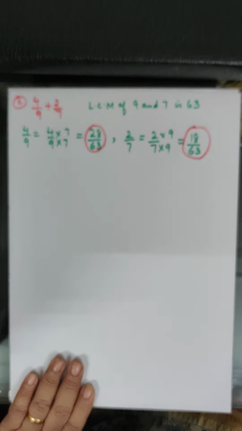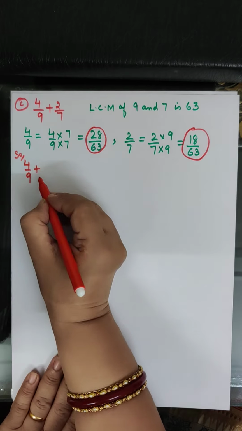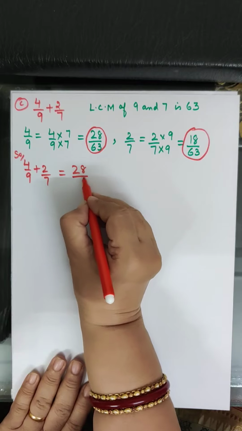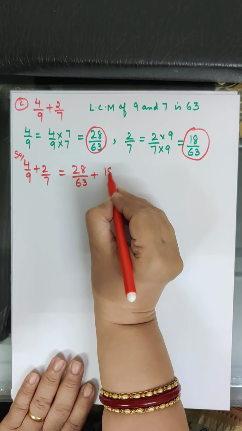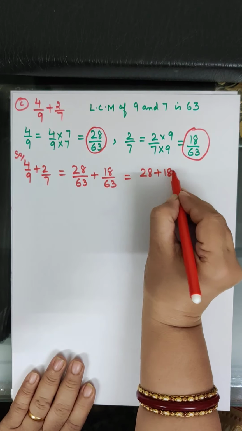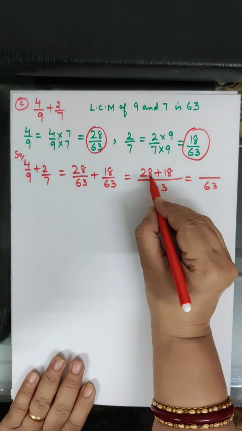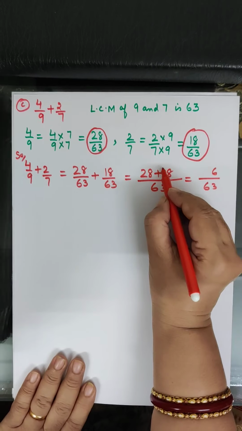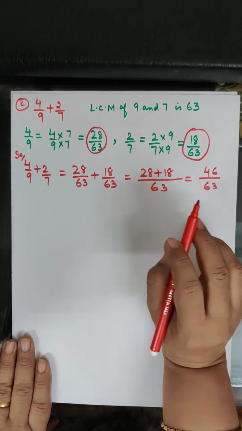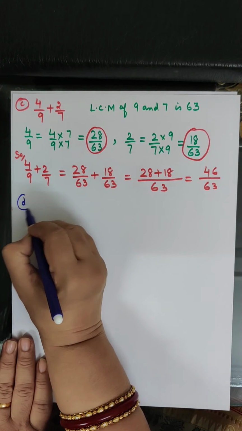So 4 upon 9 plus 2 upon 7, this is equal to 28 upon 63 plus 18 upon 63. This is further equal to 28 plus 18 upon 63. This is equal to, here 63 is written, 8 and 8 is 16, carry 1, 2 and 2 is 4. So this is 46 upon 63. This is the answer. Okay. Now we come to the D part.